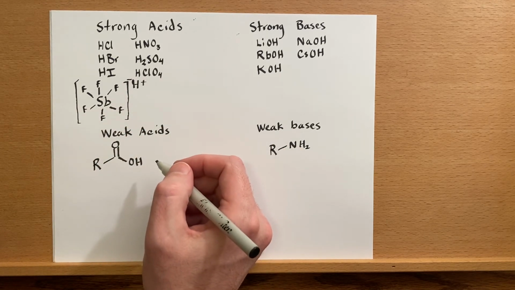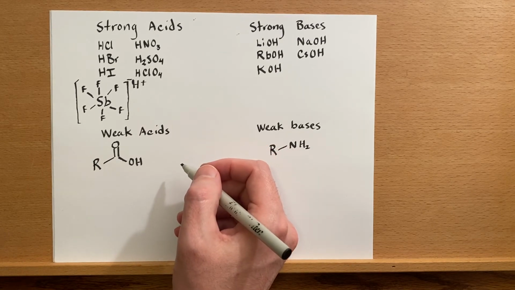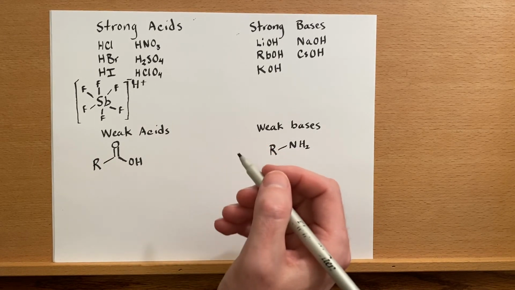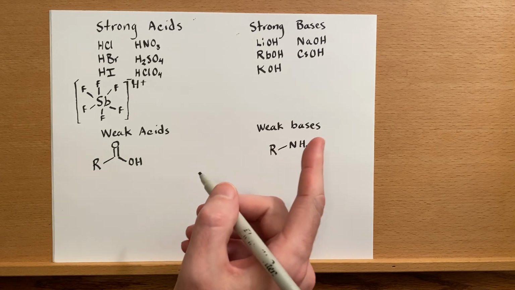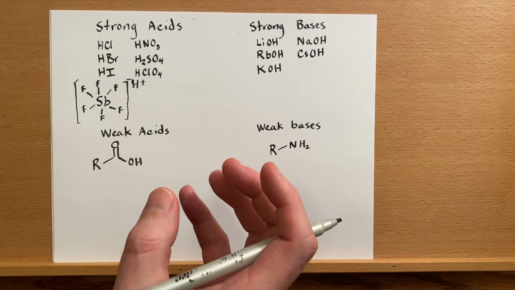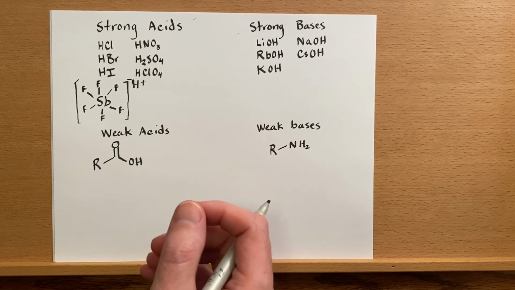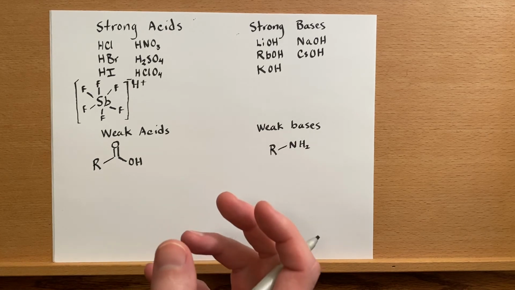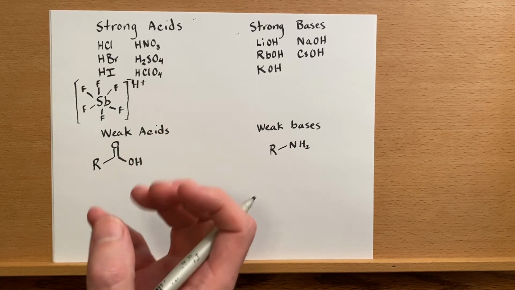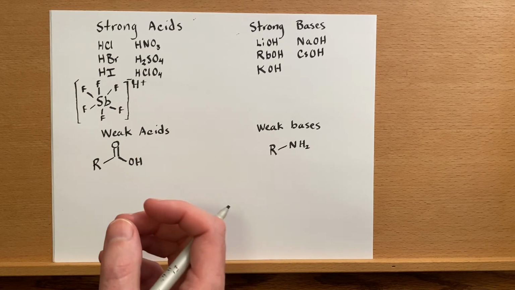There are also some super bases out there that would be extremely strong. Some of them are very strong, but just not very quick to react. And so those are called proton sponges or other things where they'll grab onto a proton, not let it go, but they're not particularly fast at it.